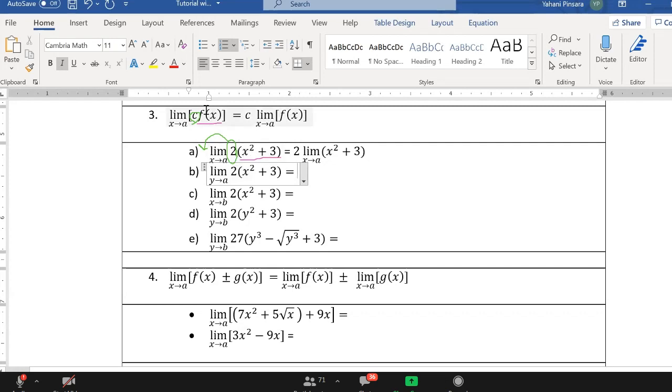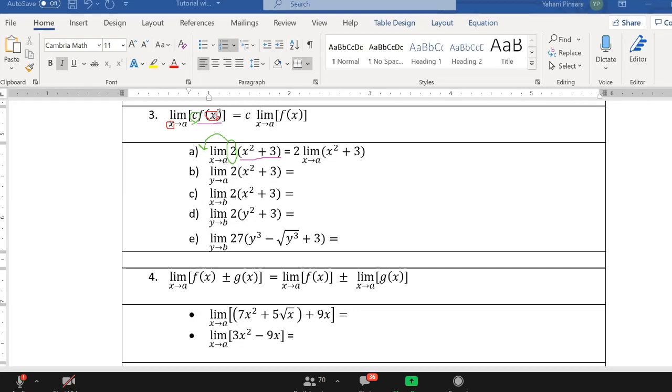So here, how to find whether the function is f(x)? Can you see here? I think you can see x is here and x is also here, right?